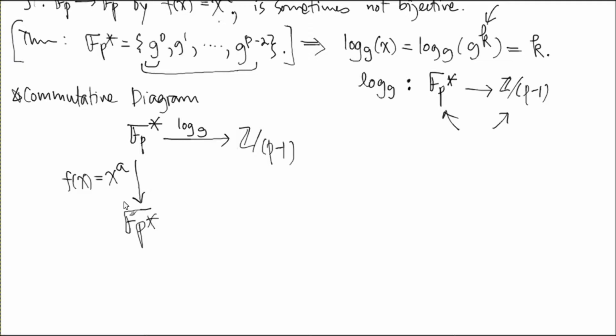I already told you that if you choose a bad a there, it may not be bijective. But first I want you to understand that this map from F_p star to F_p star is well defined. If you raise a non-zero element to a higher power, do you think you end up with a non-zero element?